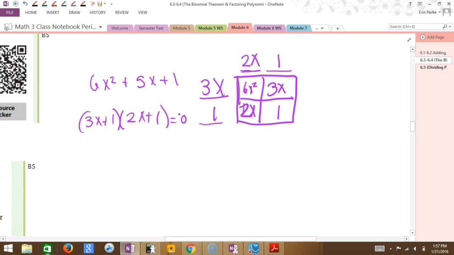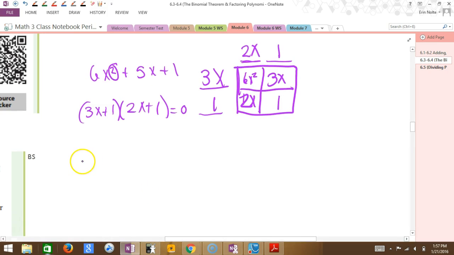Today, we're going to be learning a little bit different factoring method. The box method only works for quadratic functions, so functions to the squared power, with the highest degree of 2. Today we're going to learn how to do more functions.